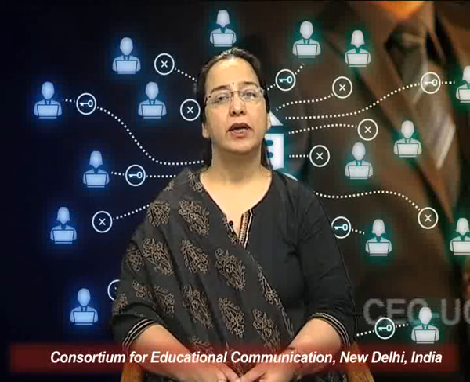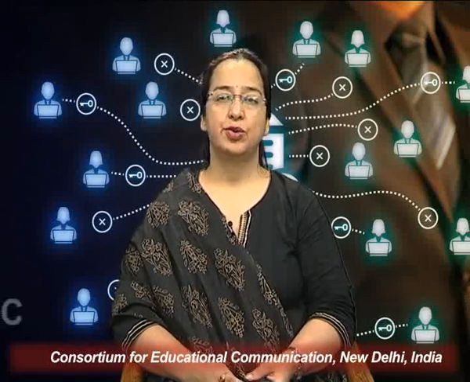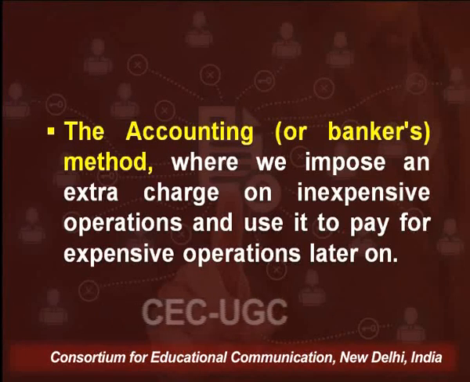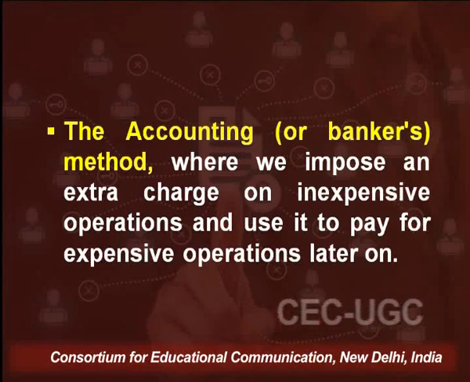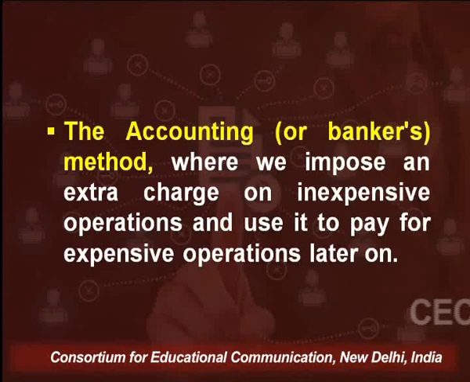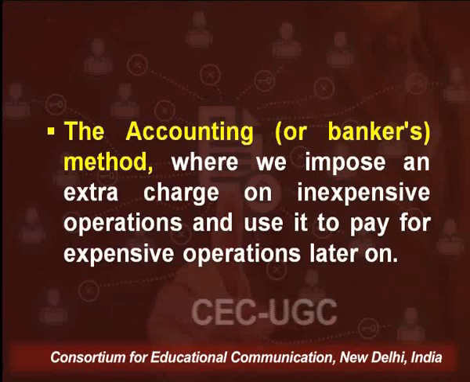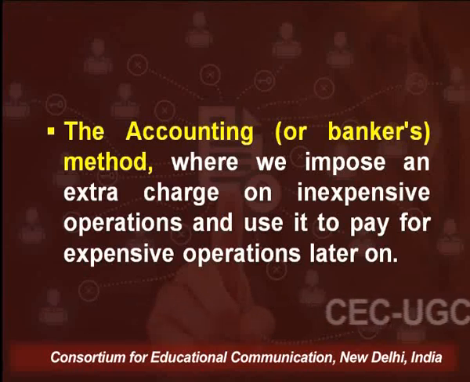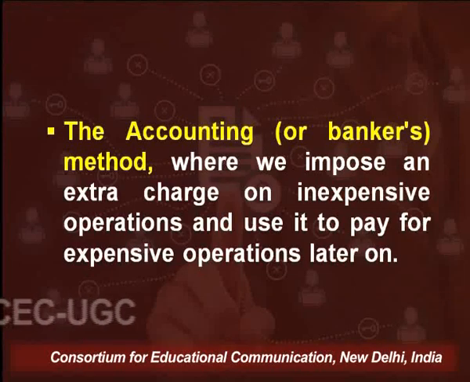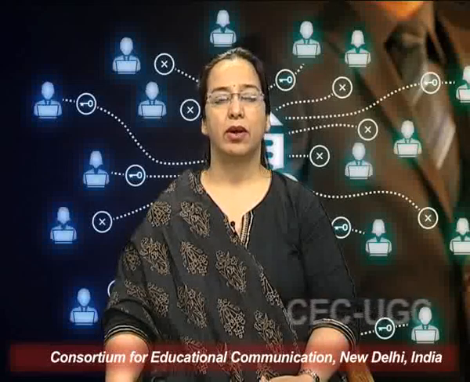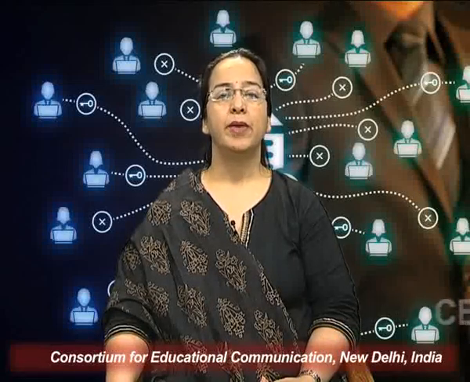Another method is the accounting method, also known as the banker's method. Here some extra charge is imposed on inexpensive operations, and that extra charge is going to pay for expensive operations which will come later in the sequence.